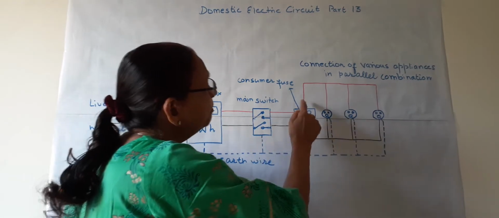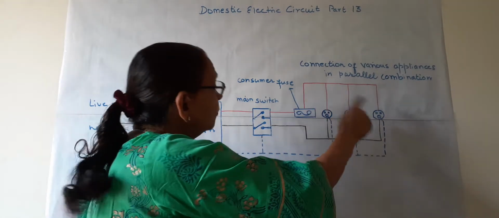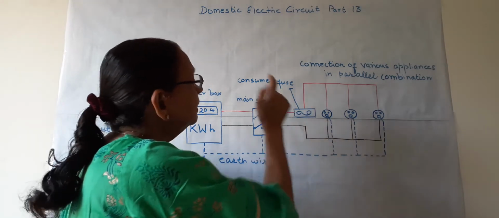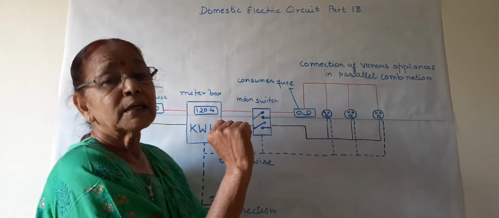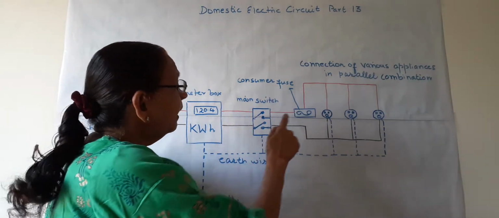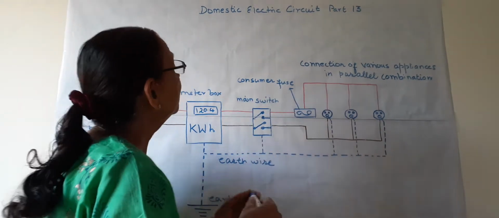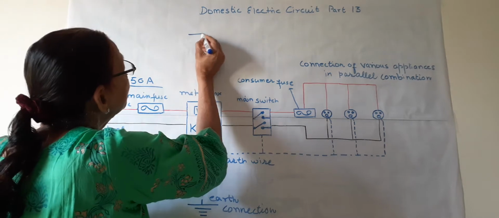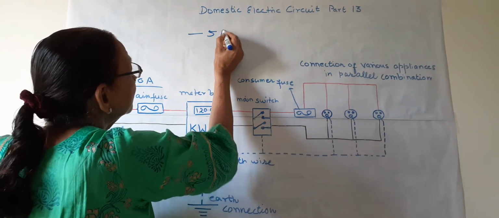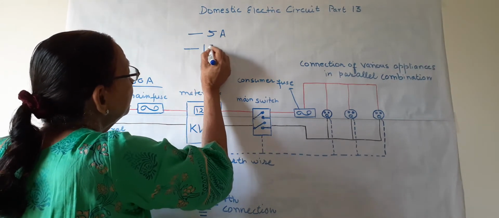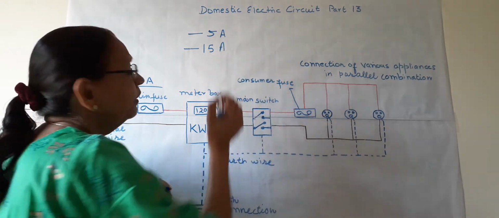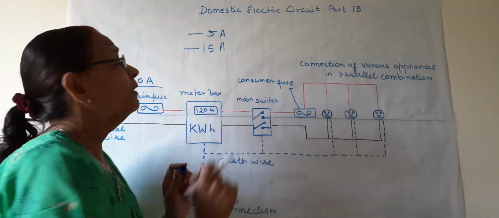This live wire, before entering the rooms, has one other fuse known as the consumer fuse. And this fuse may be of two types. We can have two types of circuits. One is of 5A and one is of 15 ampere.